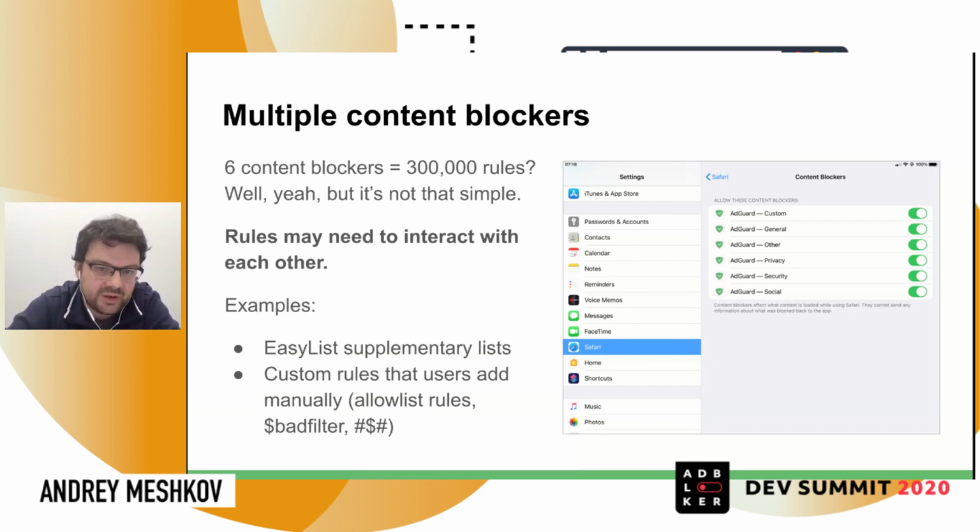Others just can do nothing about that. But this is not how it works in real life on other platforms. Different filter lists are supposed to interact with each other. And a good example is EasyList and its supplementary, language-specific lists. They may fix issues on some local websites by disabling some of the EasyList rules.